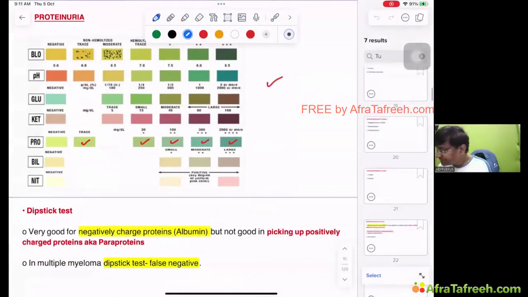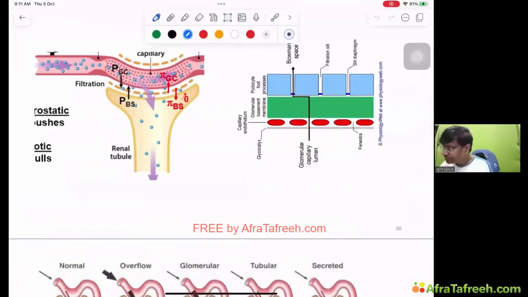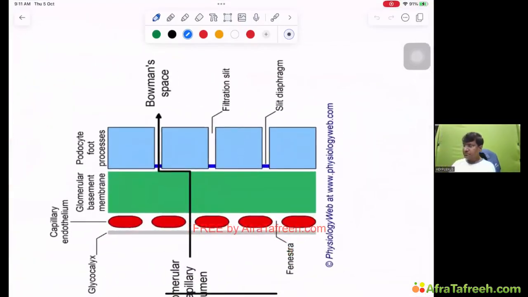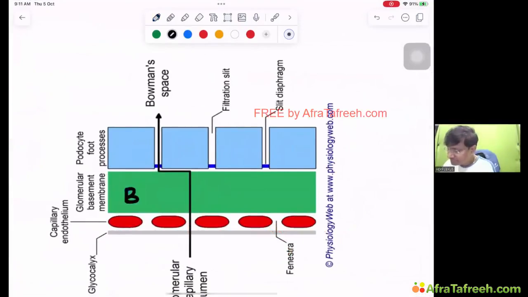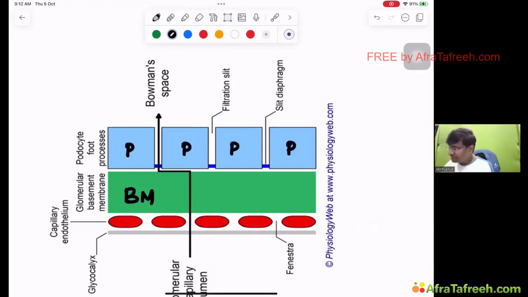One is the distance between, right, you see this. This is your glomerular basement membrane, right? And these are the podocytes, the red color ones. I'm sorry, these are the podocytes, right? And these are your endothelial cells.